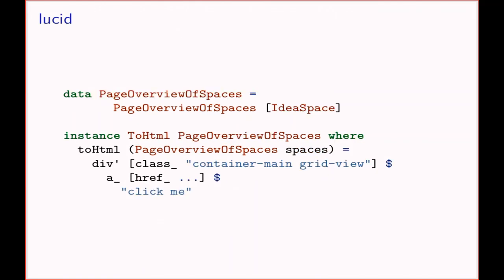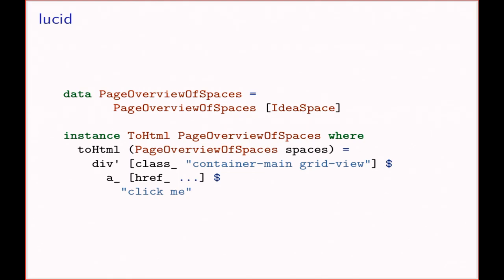And Lucid lets you define HTML code inside Haskell, so it's an embedded DSL, defining the names of all the HTML elements and attributes with underscores. And you can use Haskell syntax and Haskell control structures and all that to define your HTML code. So this is how it works.